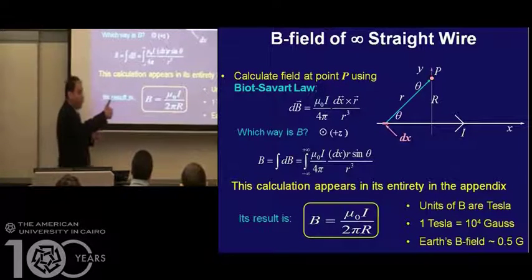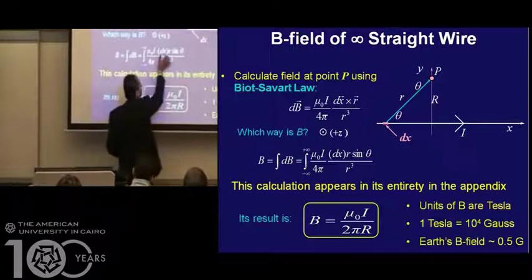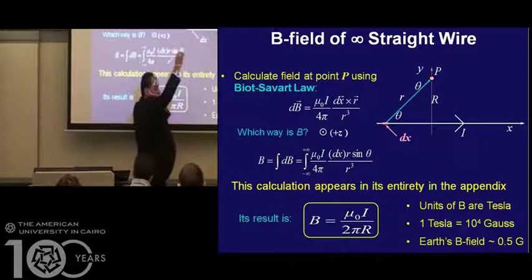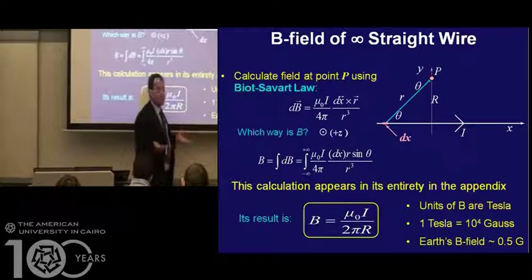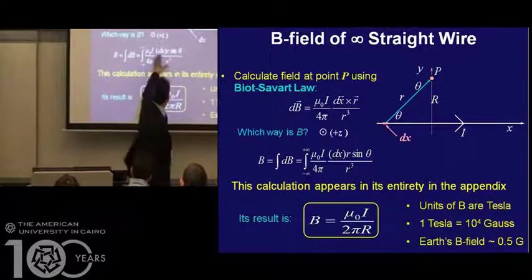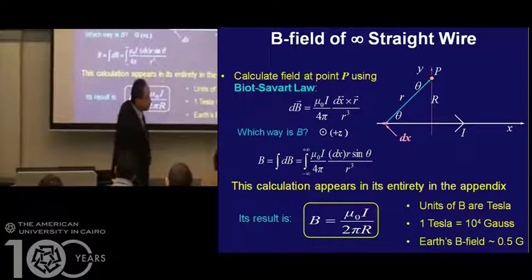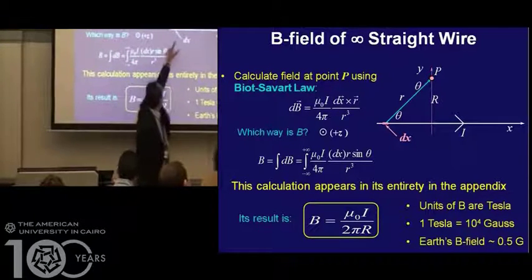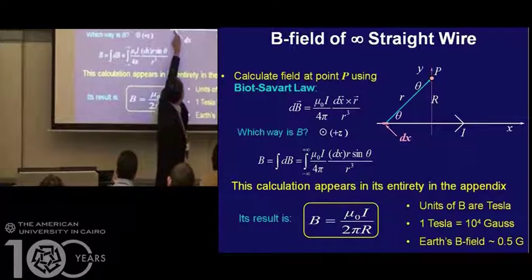It's dx, the magnitude of that length, times the magnitude of the vector r, times the sine of the angle between them. So it's dx r sine theta, where theta is the angle between dx and r.